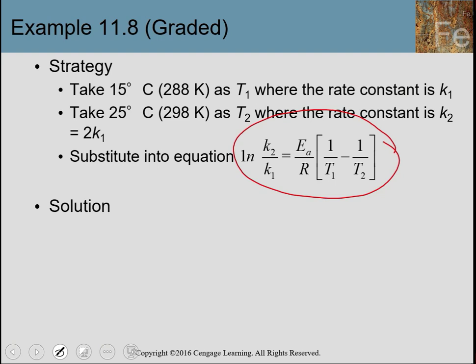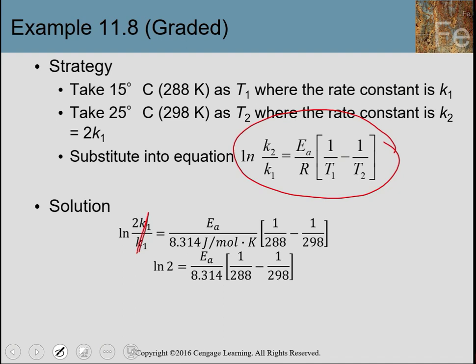And we put into this equation all the numbers. So K2 over K1 is 2. Actually, the Ks are going to cancel. Then we have Ea over R, and then we have our two temperatures. And really this just turns into doing some math.